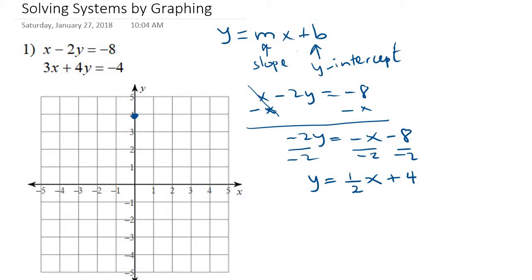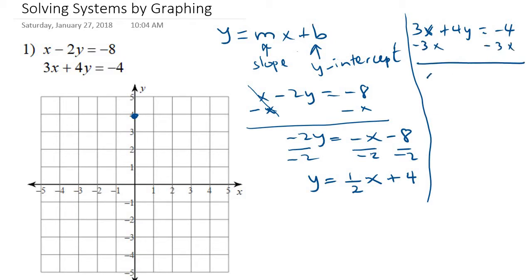slope-intercept form. All right, now we're going to do the second equation the same way in the slope-intercept form. Here is the second equation: 3x plus 4y equals -4. Step 1 is to subtract 3x from both sides. And then we have 4y equals -3x minus 4.